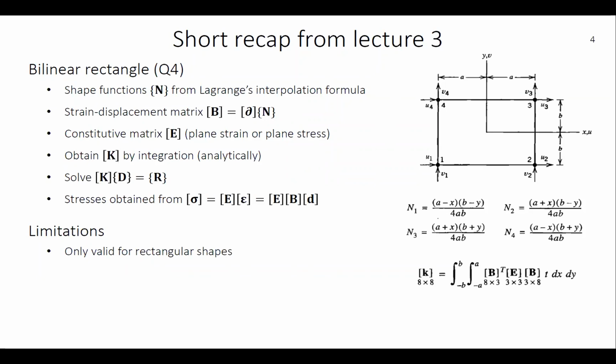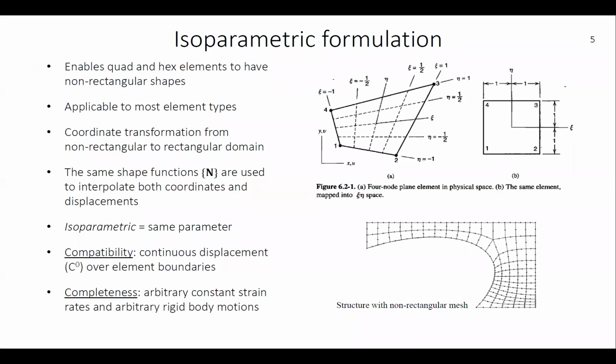But typically we have more complicated geometries. We may have a structure looking like the lower picture here, where clearly these elements are not rectangular shapes. We can have triangular elements, but here we choose to model it with rectangular elements. And then elements will be distorted in different ways, which will, firstly, influence the accuracy of the solution, and then for each of the elements we'll have different shapes, and this needs to be treated with what we call the isoparametric formulation.